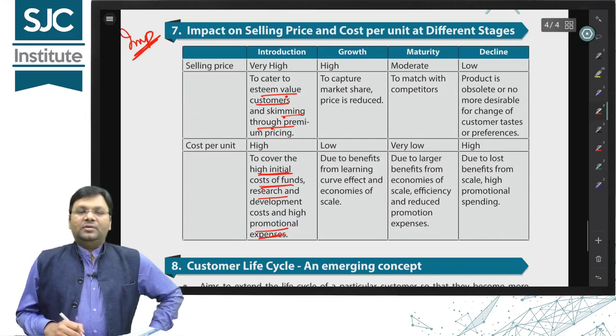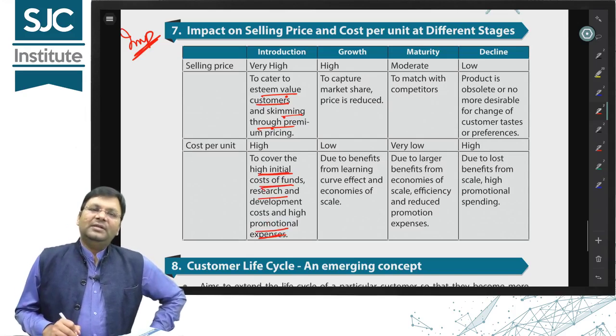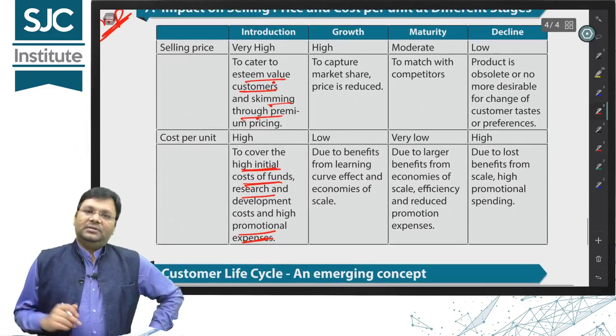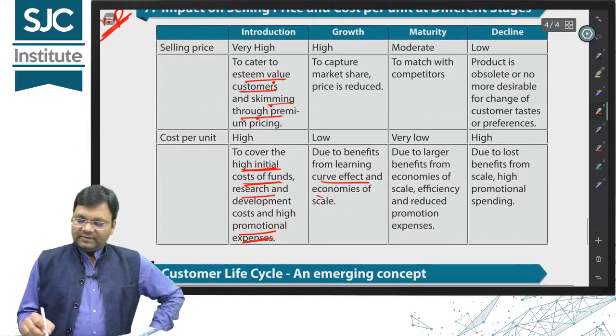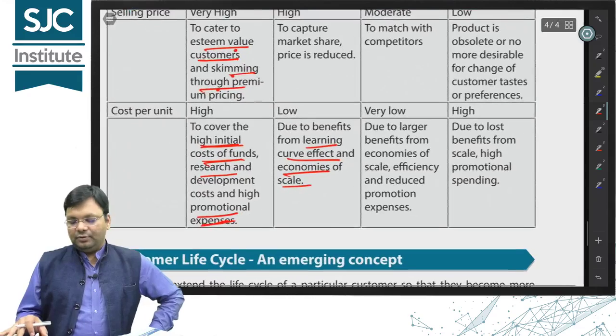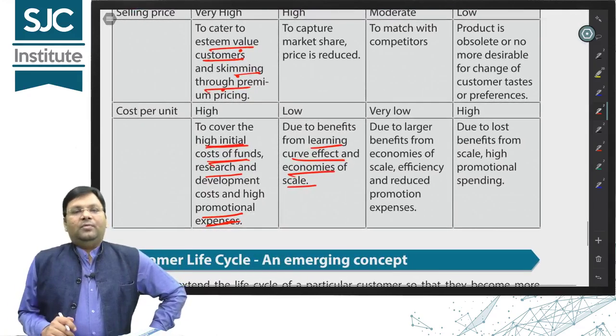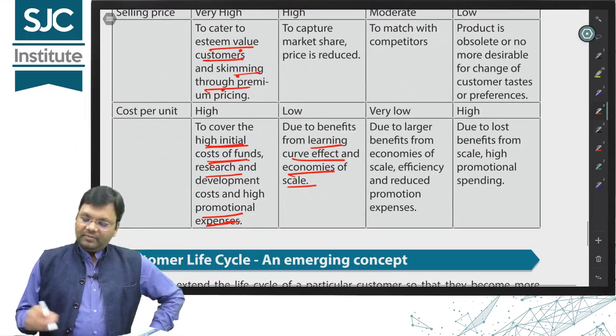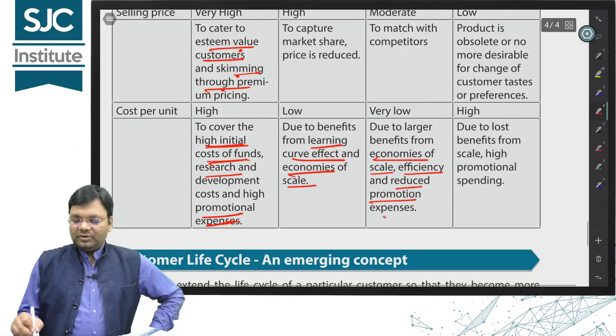So why did the cost reduce in the next level? Because of economies of scale and learning effect. Learning effect is a separate chapter that we'll also do. Why did the cost become subsequently lower? Because of higher economies of scale, efficiency and reduced promotion expenses.